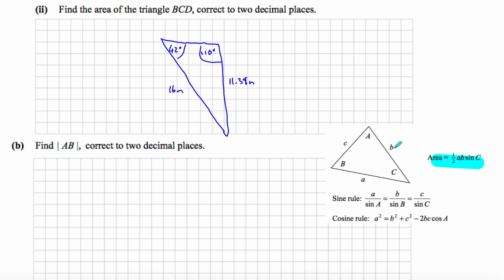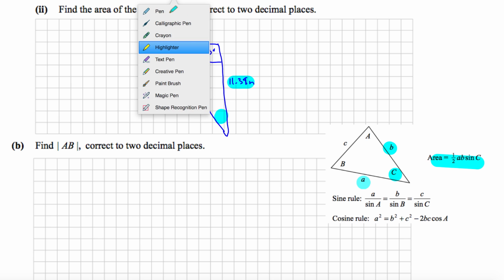So you can see there, if you have the small a and small b, it's the sine of the big angle C, which is between them. So what you need is two sides and an angle between them. At the moment here we have these two sides. So we need the angle between these two sides, which will be this angle here.